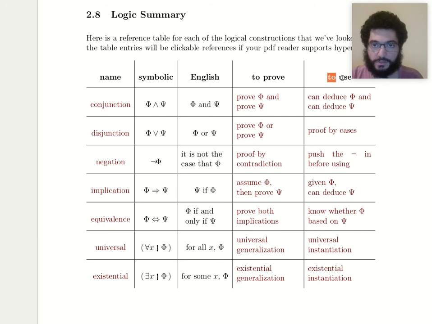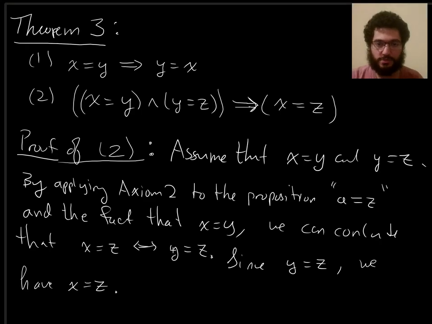And a way to use an equivalence is that it lets me know whether one side is true based on the other side. Their truth is linked, right? So knowing that this one is true tells me that this one must be true. It's both arrows, basically. All right, and I've reached the goal. I've proven that x equals z, so that's it. I'll put my square here to end the proof of part 2 of theorem 3.